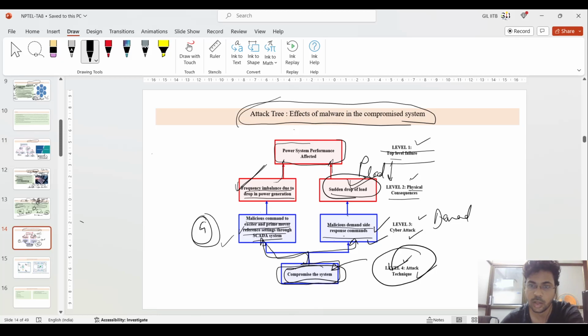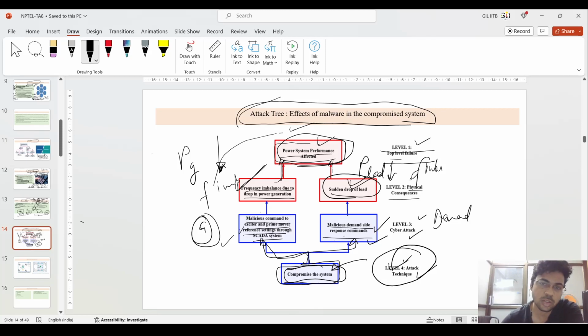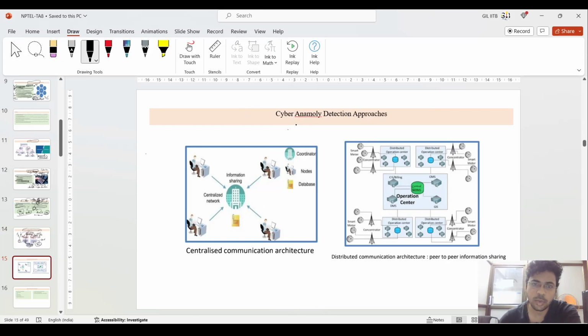At level 4, the top level failure, if there is a drop of load, frequency imbalance will occur. If generation is reduced, frequency imbalance will also occur. Both situations can affect power system performance. This is the attack tree, which shows the effects of malware in the compromised system, the path it flows along, and where it can finally make the system vulnerable.